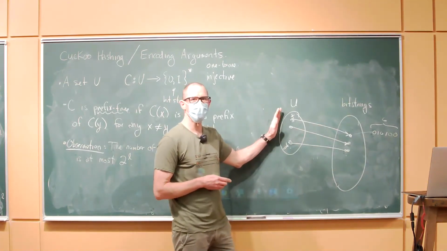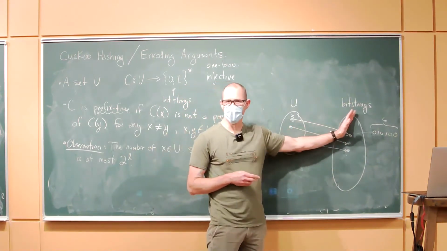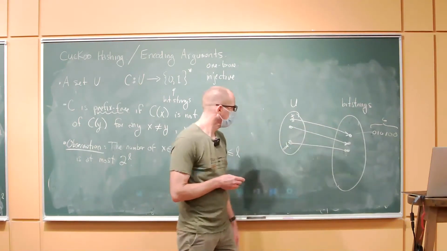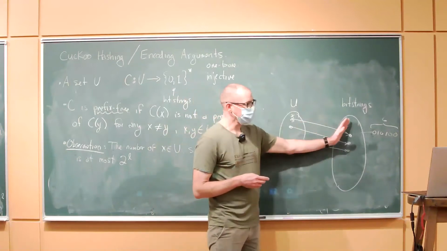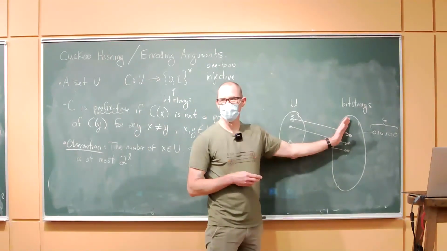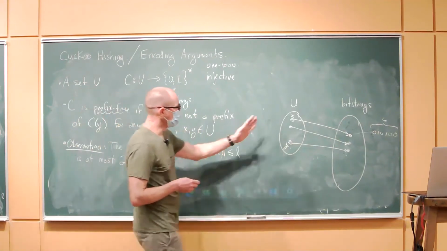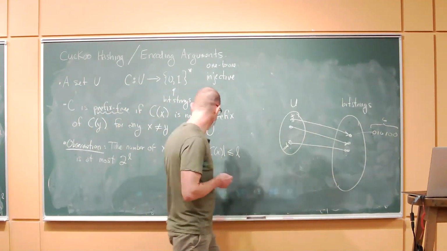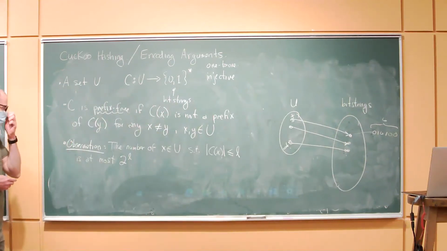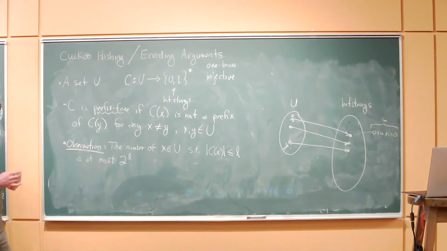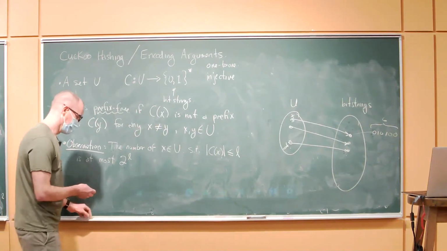Some of the elements of U go to bit strings of length exactly L, and some of them go to bit strings of length bigger than L. Well, the number of bit strings of length exactly L is only 2 to the L. And everything which used to go to a bit string of length less than or equal to L now goes to a bit string of length exactly L. So there's at most 2 to the L of those things. All right. Good.